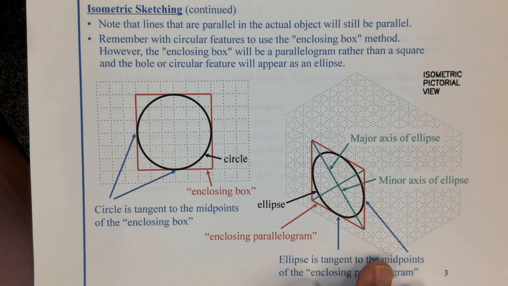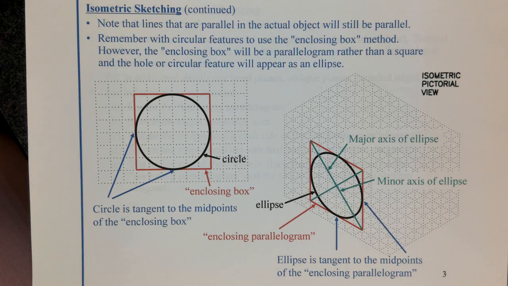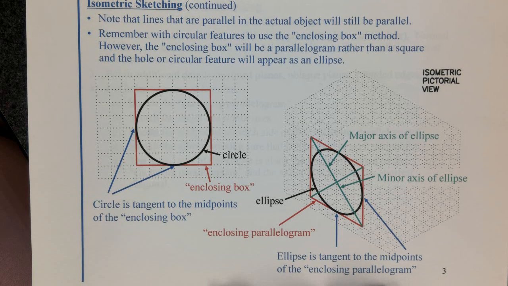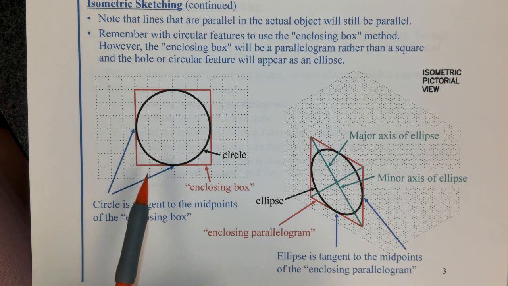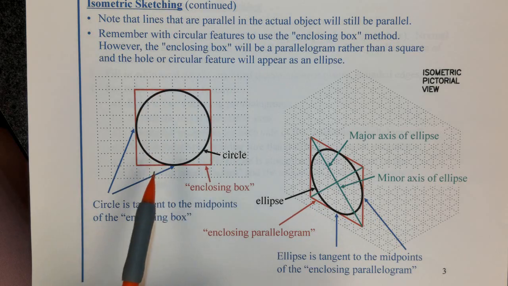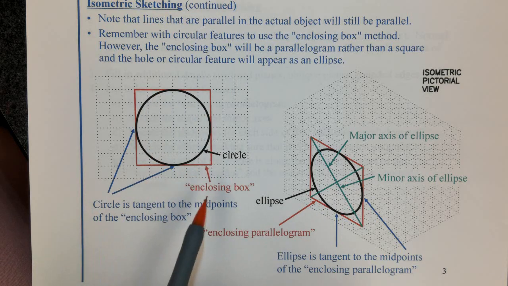Now, I did not create this PowerPoint. I had a good friend who did, and he does have one error, but I'm going to show you a different way to create what we call an isocircle. When we did the orthographic drawings and created a circle, I said sometimes you might need to use the enclosing box method.